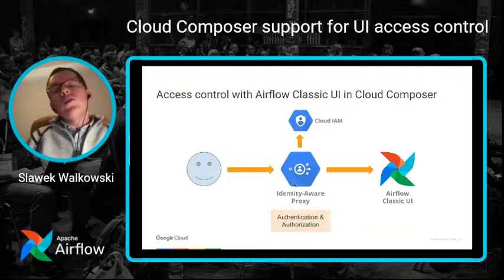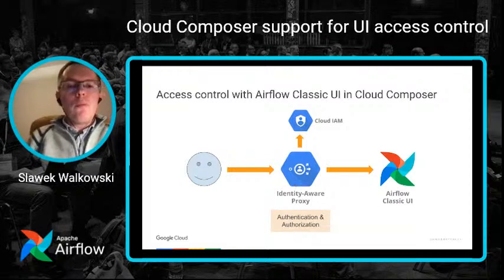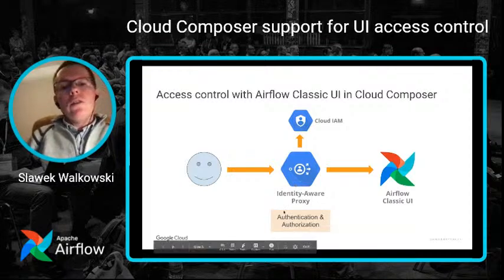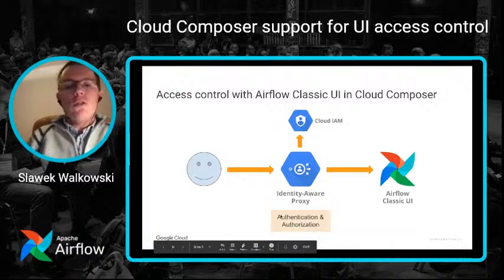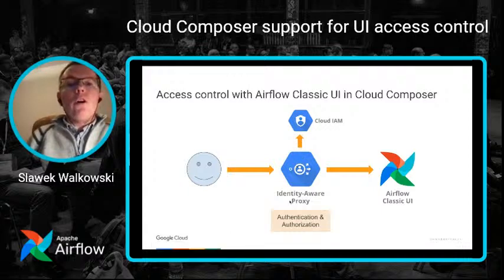This is another service in Google Cloud Platform, which handles authentication and authorization. So you log into your Google account, and then Cloud Identity-Aware Proxy checks in Cloud IAM whether you are allowed to view the Airflow UI.